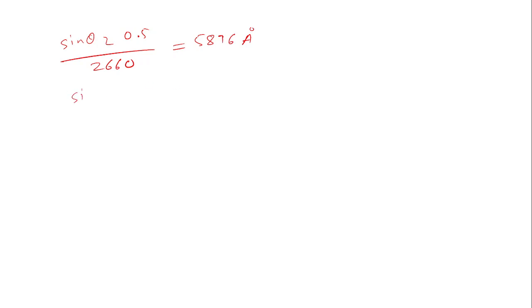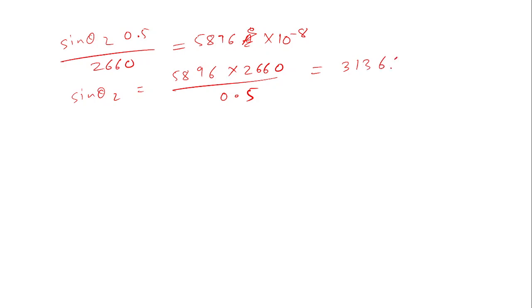So sine theta 2 will be 5896, and this I'll put in centimeter, 5896 times 2660 divided by 0.5. That is 313,66720 times 10 to the power minus 8.